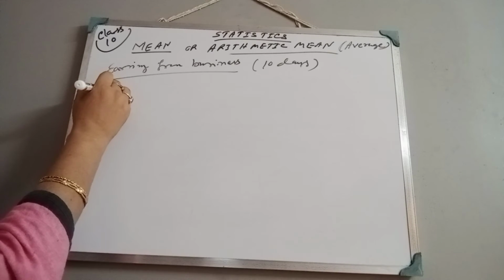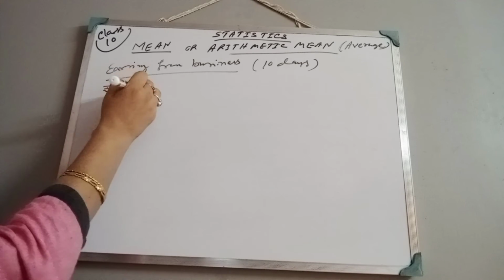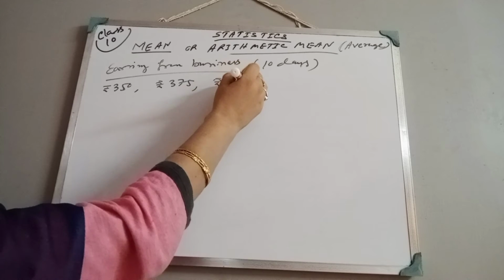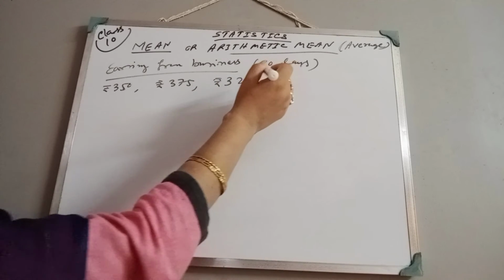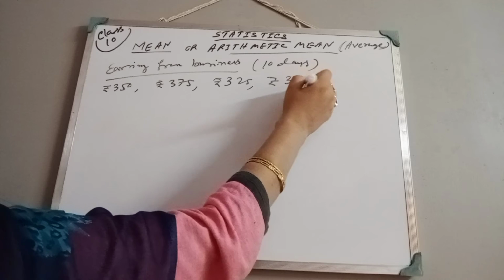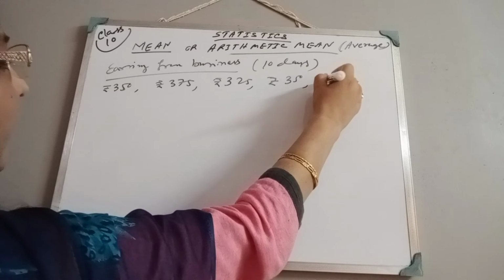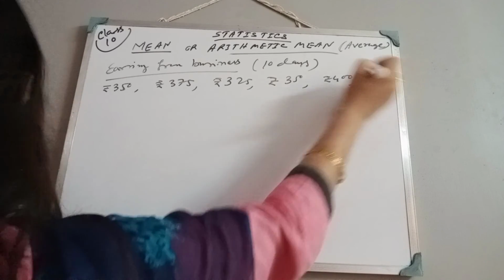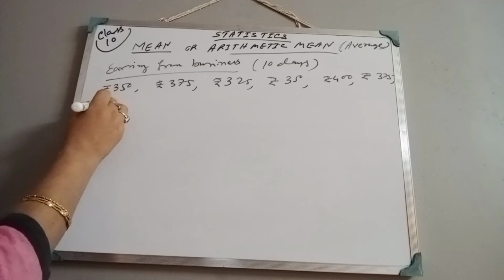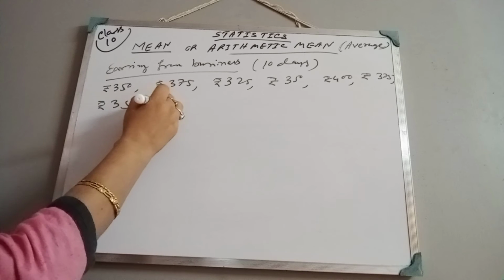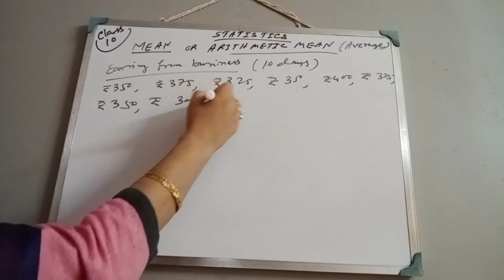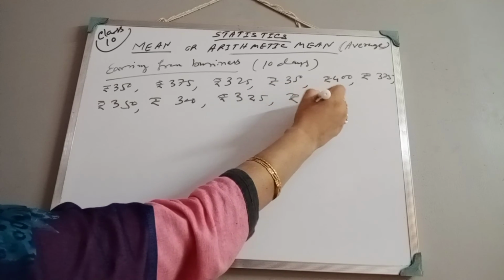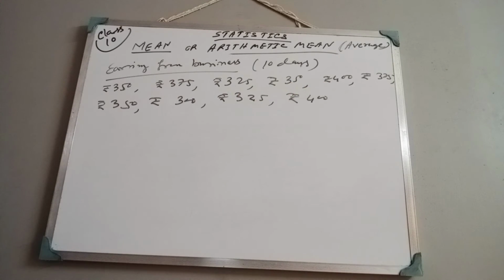Day 1 rupees 350, day 2 rupees 375, day 3 rupees 325, day 4 rupees 350, day 5 rupees 400, day 6 rupees 375, day 7 again rupees 350, day 8 rupees 300, day 9 rupees 325, and day 10 rupees 400.